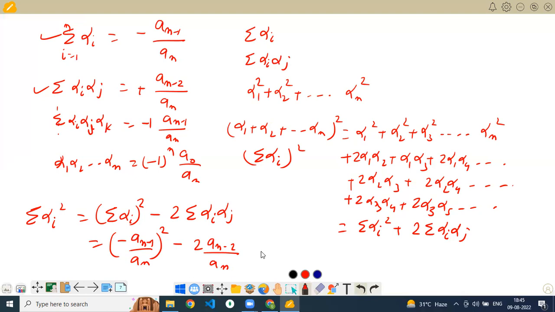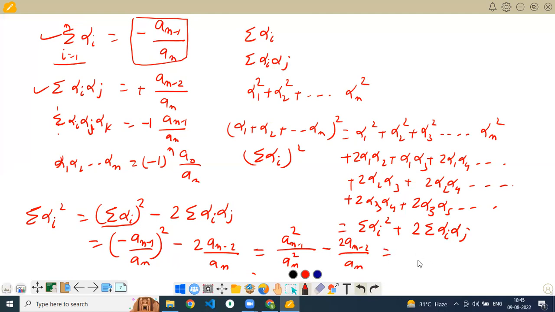So can you explain the summation of alpha i squared part which you've just written again? Yes, sir, this is given here. No, summation of alpha i is this. Oh, okay, got it. So this gives me (an minus 1) square divided by an square minus twice of (an minus 2) divided by an.